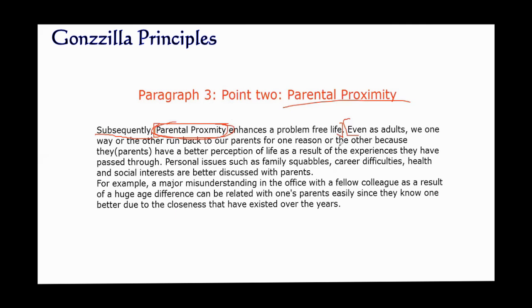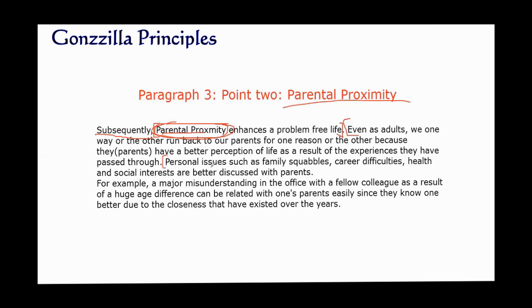So here: even as adults, we one way or the other run back to our parents for one reason or the other, because they, (that's parents, I had to put that in brackets so I didn't create some form of ambiguity), have a better perception of life as a result of the experiences they have passed through. So with this, I try to show why this proximity to our parents comes in very handy.